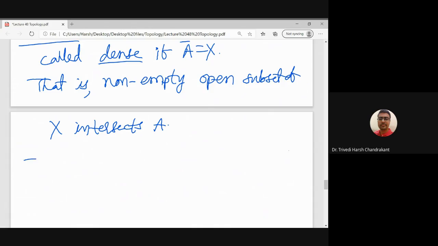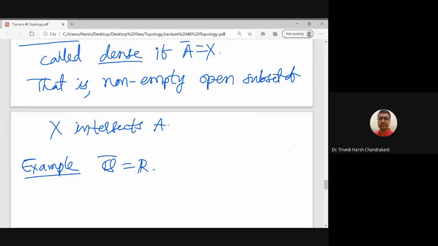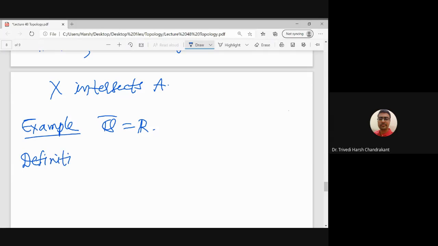An example we already know from real analysis: if we consider the set of rational numbers, then it is dense in the real numbers. So the closure of Q is R. And this gives us a particular notion of a space called a separable space.